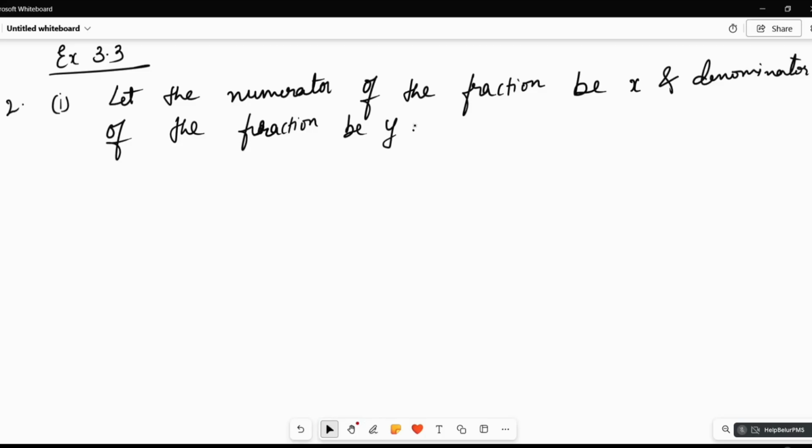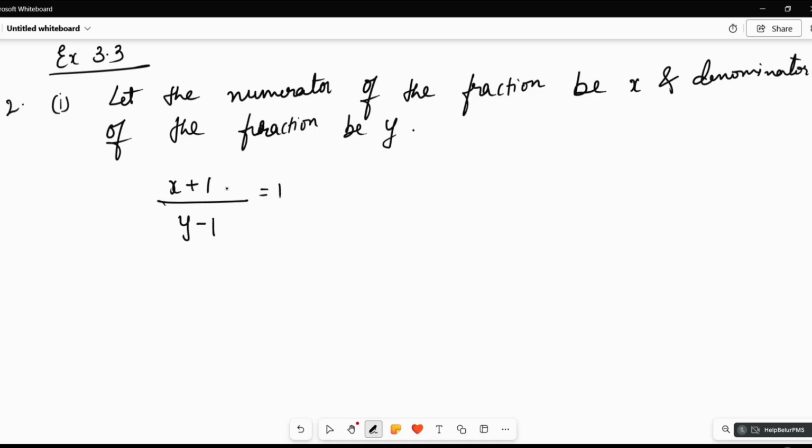Now what is it telling? If we add 1 to the numerator, so it is x plus 1. And subtract 1 from the denominator. So from the denominator, you subtract 1. So what will you get? The fraction reduces to 1. This is the first one.